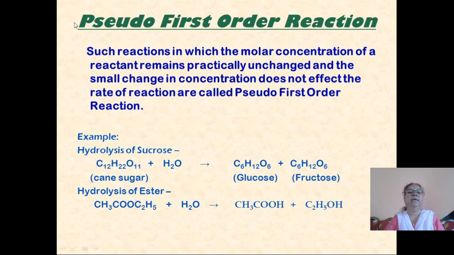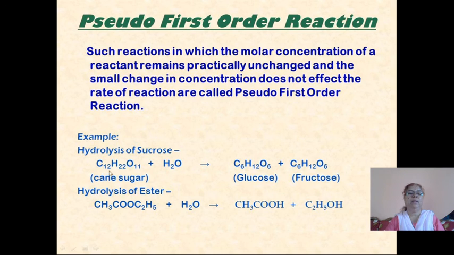Okay, then the pseudo first order reactions, that means false first order reactions. Here, such reactions in which the molar concentration of a reactant remains practically unchanged and small change in concentration does not affect the rate of reaction are called pseudo first order reactions.